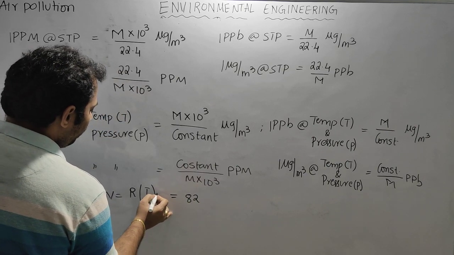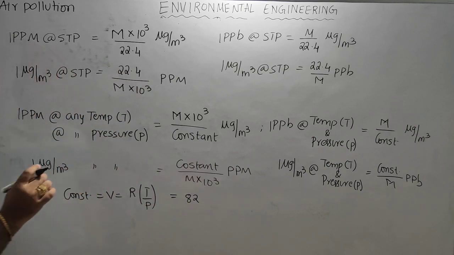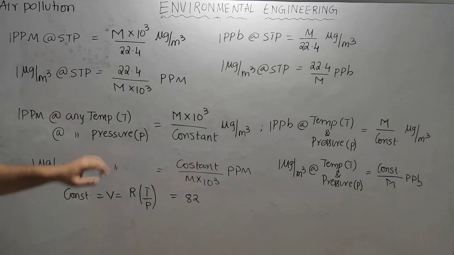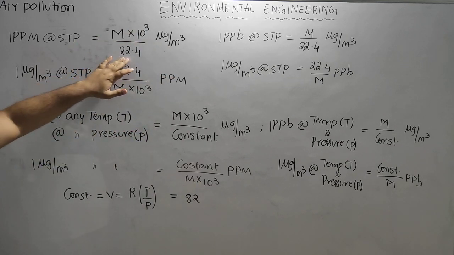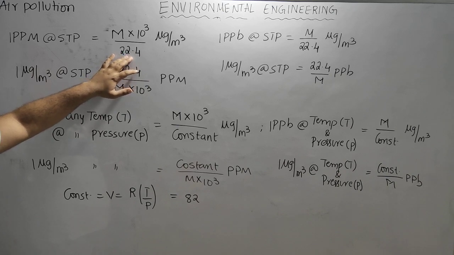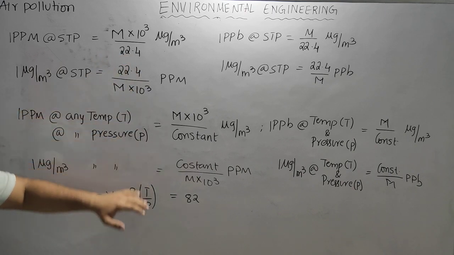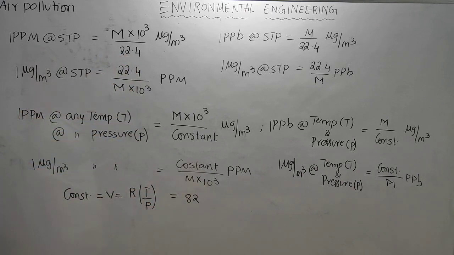So T by P into 10 to the power of 3, because it is 22.4. I have separated this 10 to the power of 3 out of this. That is why the constant is simply 22.4, so I am taking it as 22.4 only. That is why I have to multiply it here with the 10 to the power of 3 multiplication factor.